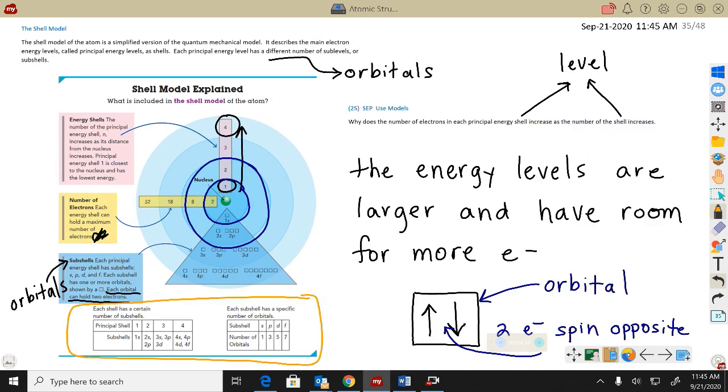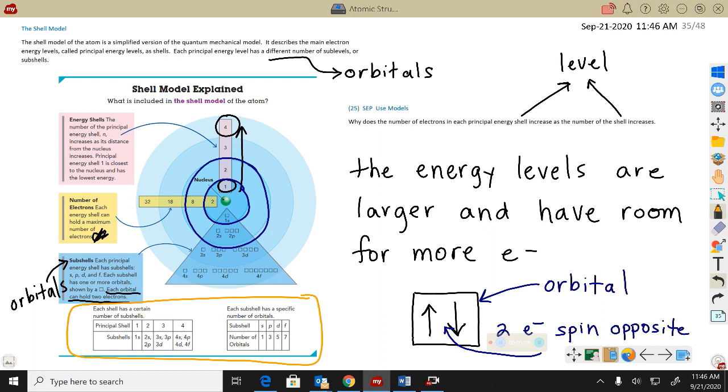That's what they're trying to explain down at the bottom of this model. From the previous page, each shell, I call them energy levels, but each shell has a certain number of subshells. The subshells are like the individual orbitals. So the first shell is like the first energy level, and it only has a 1s orbital. The second shell has an s and the p's. The third energy level has the s's, p's, and d's.